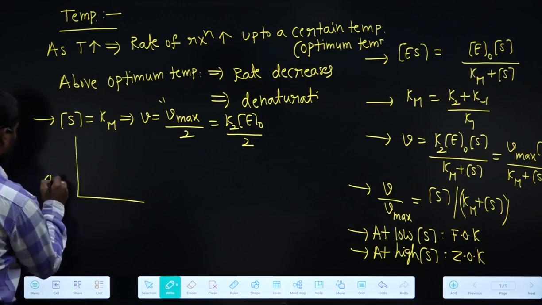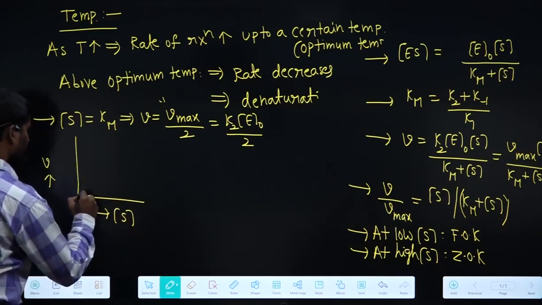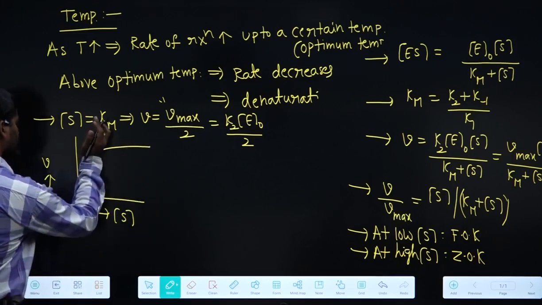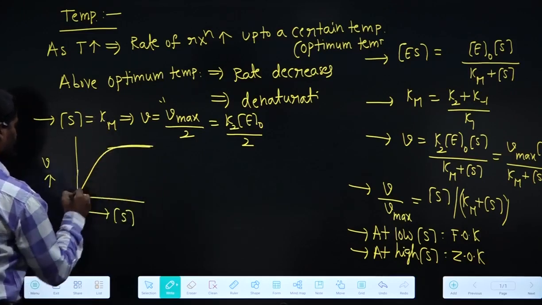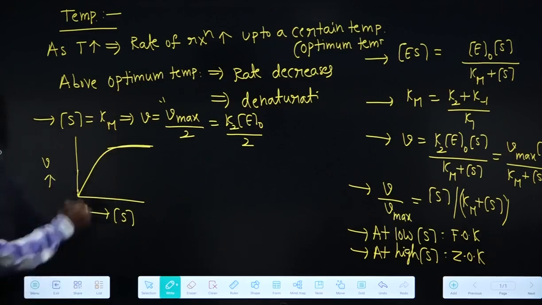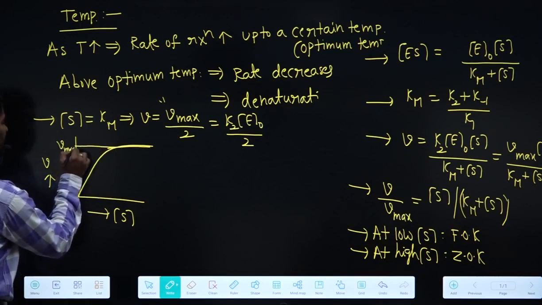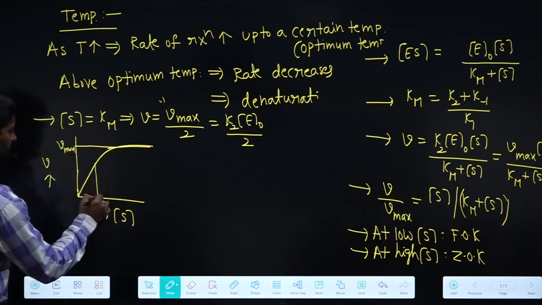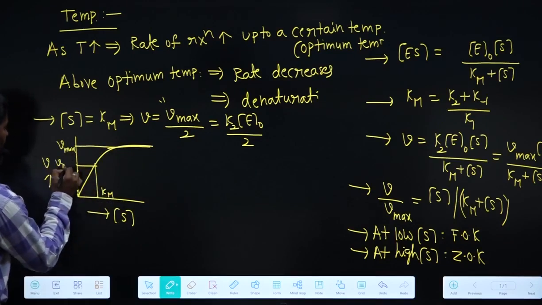So if you plot a graph between rate versus concentration of S, we'll get a graph like this. Here it reaches maximum rate at high concentrations, that is V max. If concentration of S is Km, rate is V max by 2.